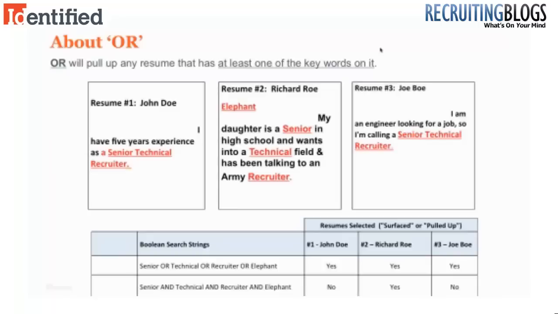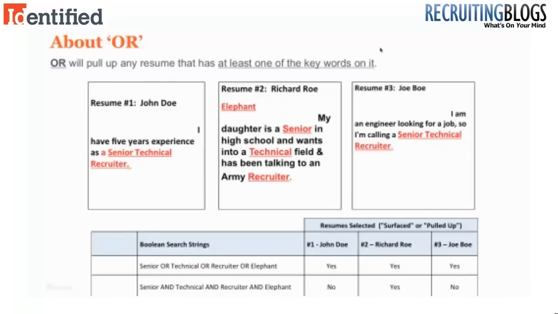But now let's flip it around a little bit. Instead of OR, let's go back to using AND, so that you have senior and technical and recruiter and elephant in there. If you look at John Doe, resume number 1, it's got senior and technical recruiter, but it doesn't have elephant on there. So that resume would be excluded.